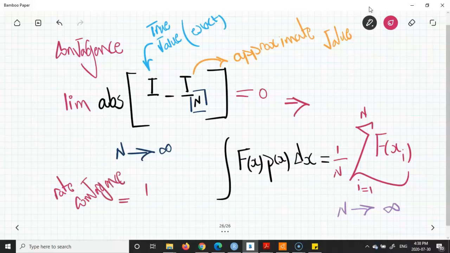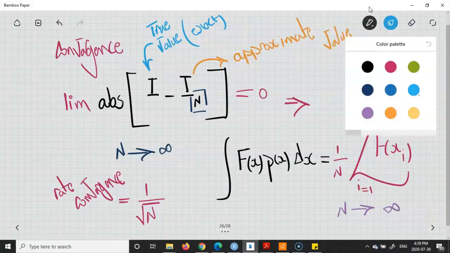It is essentially proportional to 1 over the square root of n. As n goes to infinity, you have a higher rate of convergence, and the function gets closer and closer to the true, exact value of the integral that we defined here.